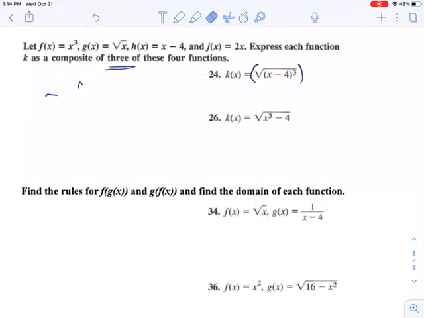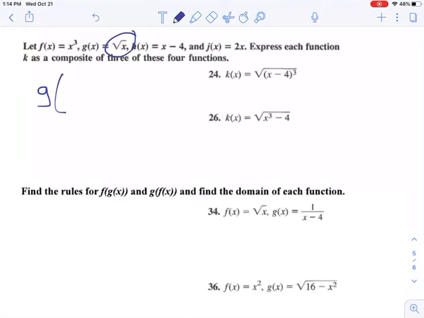So what I tried to do is figure out what would be the last thing. If I had to simplify this, and I knew like x was 10 or something, what would I do last? Well, the last thing I would do is take square root of whatever I get inside. So I know that my g has to come last. So whatever is last goes first.